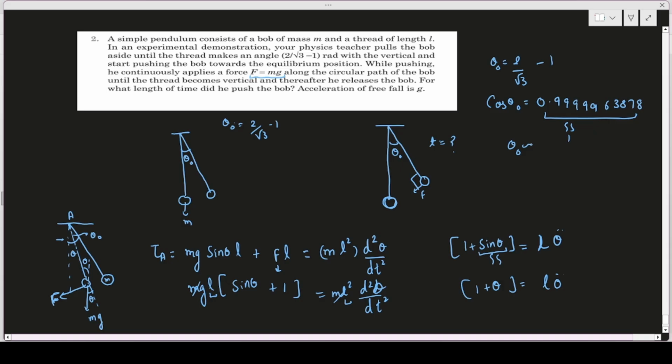So this theta naught is very small. So sine theta can be approximated as theta, because the initial angle theta naught, which was the maximum angle, is approximately 0, and further this theta will decrease when the bob comes to the vertical position. So further angles will be smaller than this.